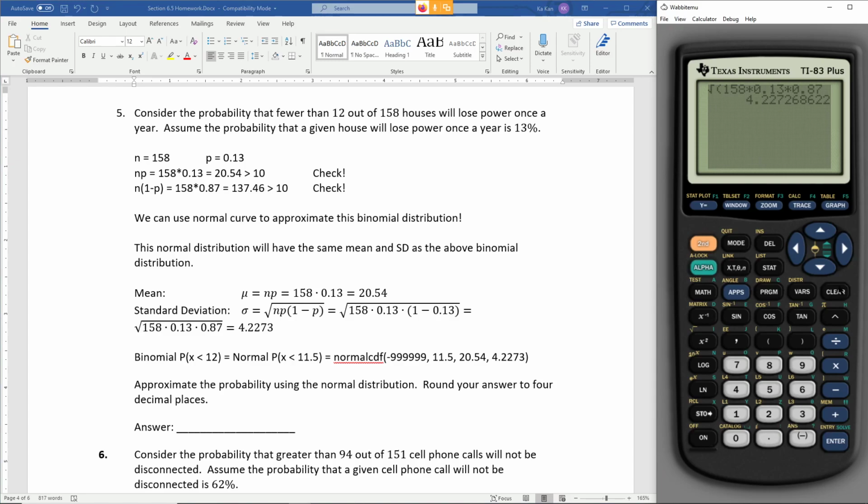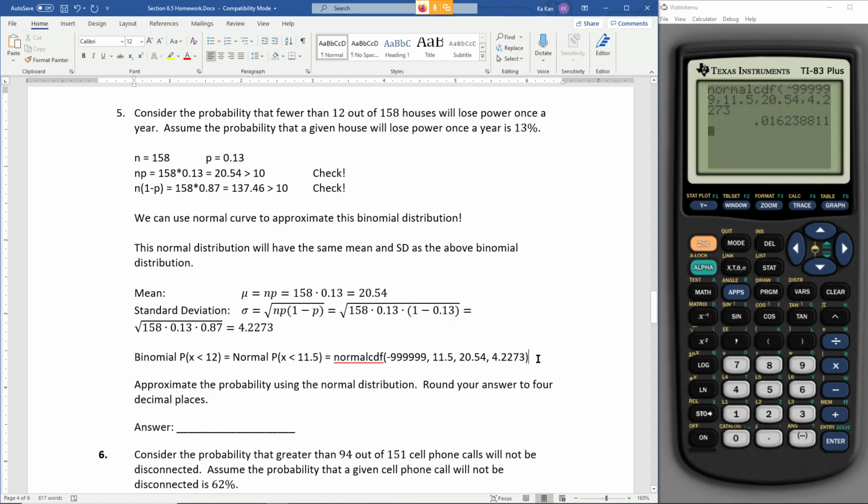So let's go ahead and check it out. That would be second for normal CDF. Negative 999999, and that will be 11.5, 20.54, and 4.2273. Done.